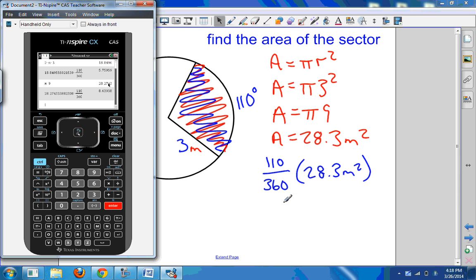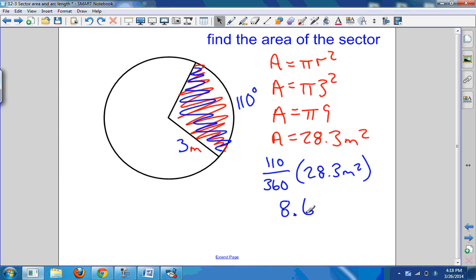So 8.64 meters squared, which is just a small portion of our 28.3 total. So you always want to go back and make sure that makes sense. Okay, the whole circle is 28.3 meters squared. This part right here, yeah, it could be 8.64. I buy that.